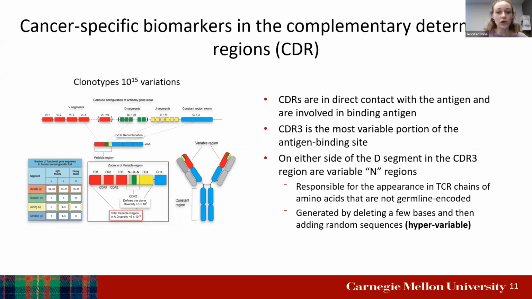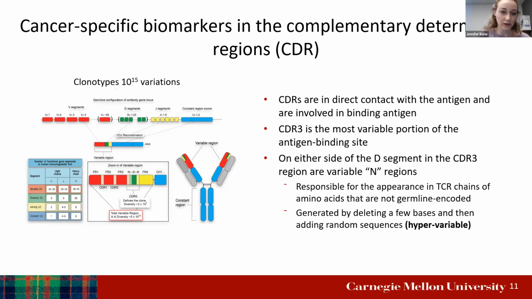So just a little more about the CDR3 region. This is the region of our T cell and B cell receptors that we think are most responsible for carrying the information of different cancer antigens.